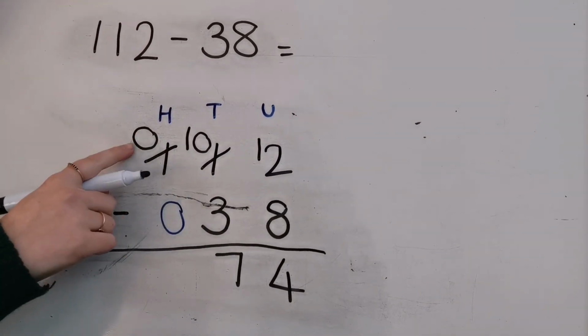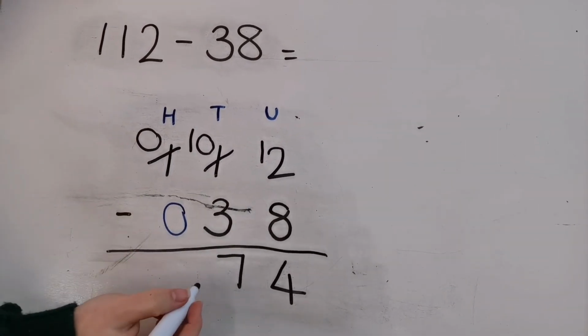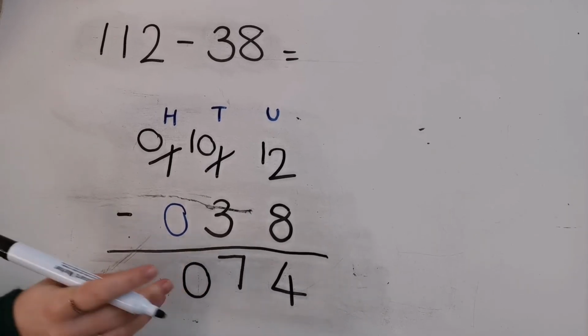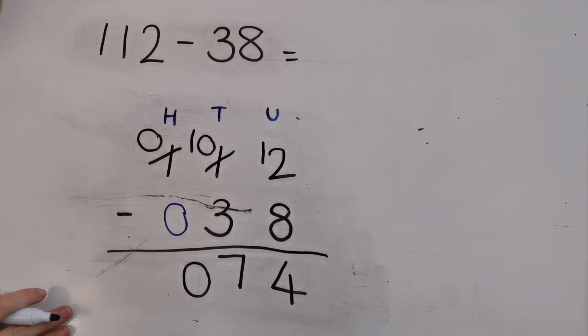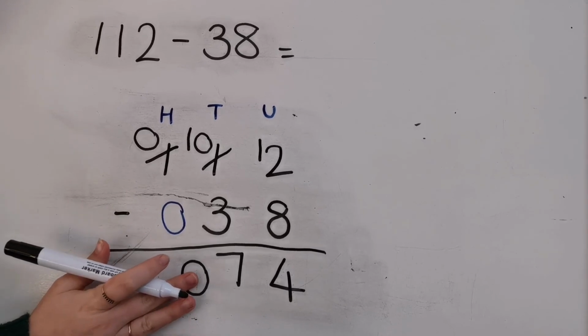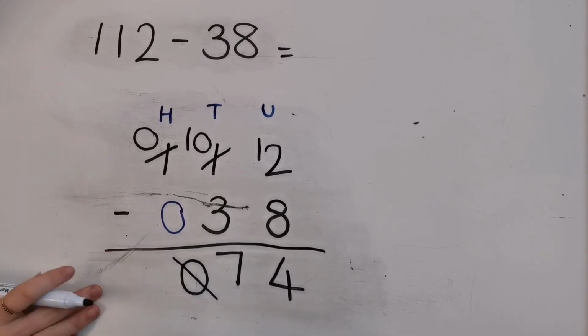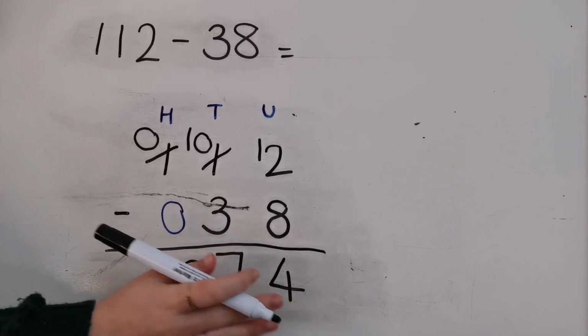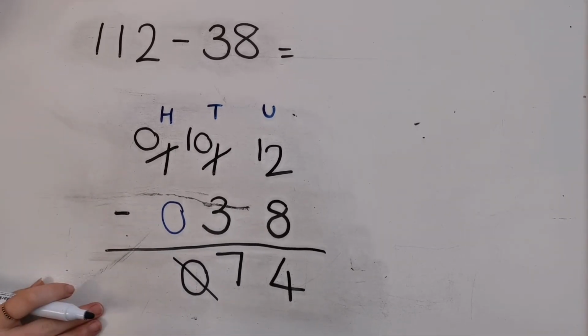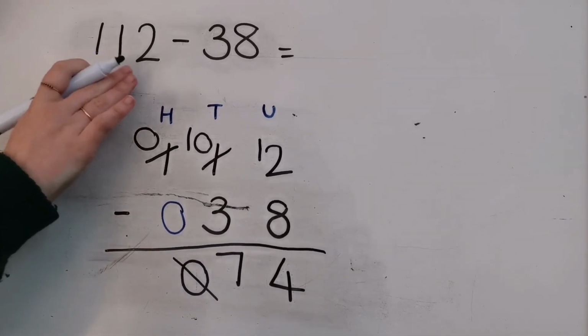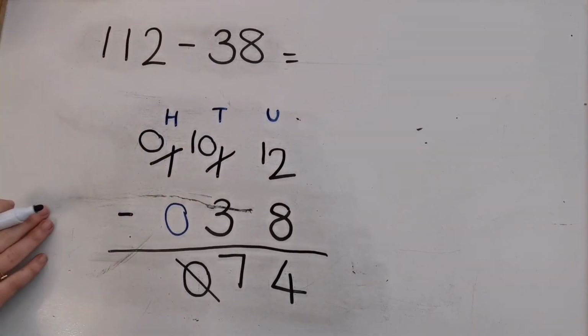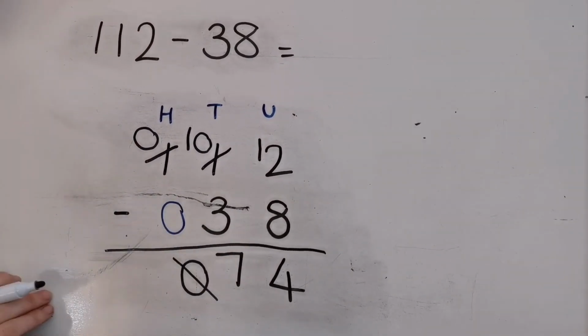So I get the answer 0 take away 0 is just 0. I don't ever start a number with a 0, okay? So that's actually not needed. We can just look at the number 74 for our answer. So 112 take away 38 would give us 74.